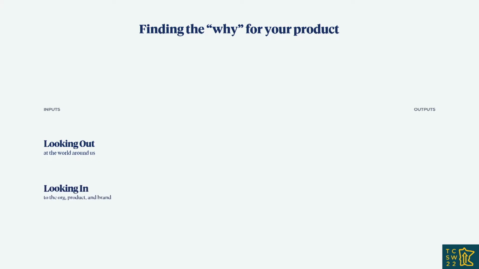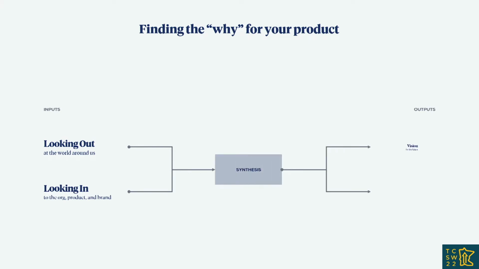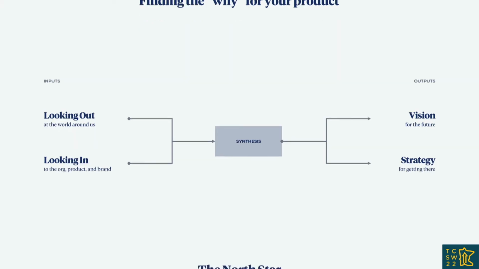Looking inward, knowing what's relevant to our business, what really moves the needle in terms of the business outcomes that we're trying to drive, and then doing synthesis and analysis, and then from the output of that is forming a vision, an aspiration. What could this mobile app be? Not just in 6 months, but in 6 years. And then the strategy, the tactics, the themes that are going to get us from here to there.